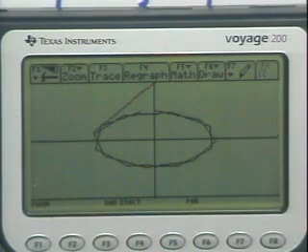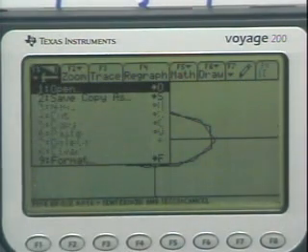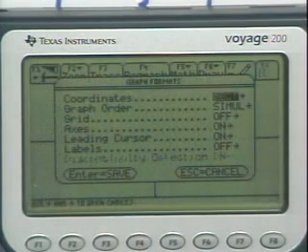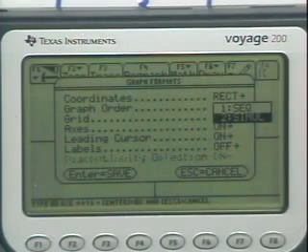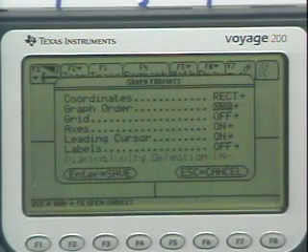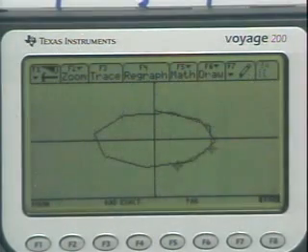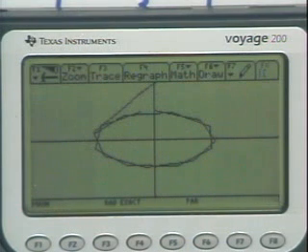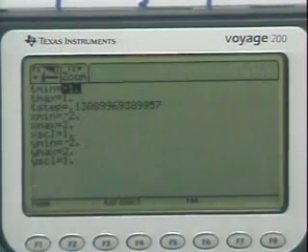Okay. Before I do that, though, I want to turn off the simultaneous. Of course, as soon as I do that, it draws the first one and then draws the second one. Terrible resolution. I mean, it looks like there might be some hope here, but we know how to get better resolution.